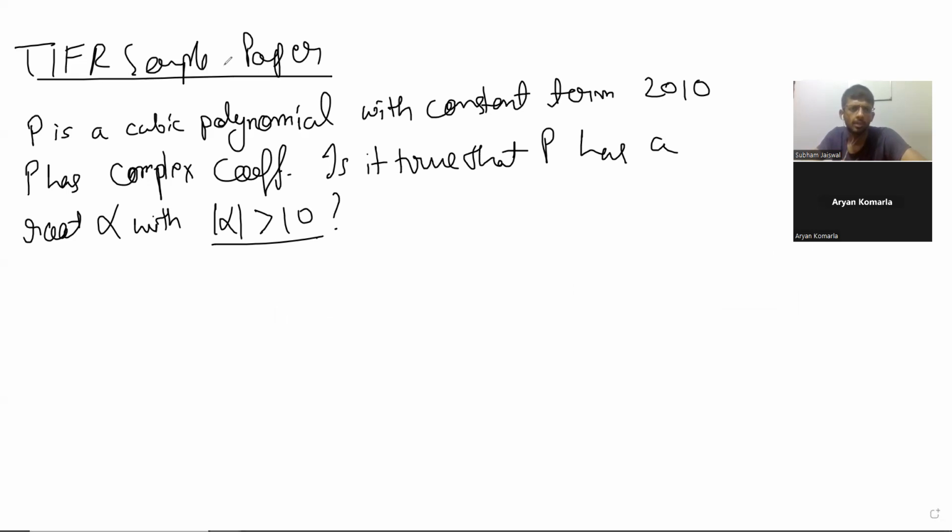So we assume that P is z cube plus a2 z square plus and so on.